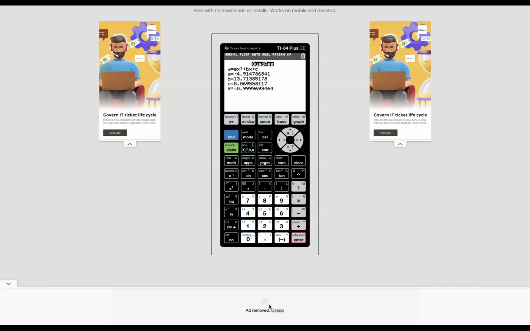Now I can write the regression curve: stat plot, list, calc, quadratic regression, enter. Then we go to calculate, enter. So now I got these values.